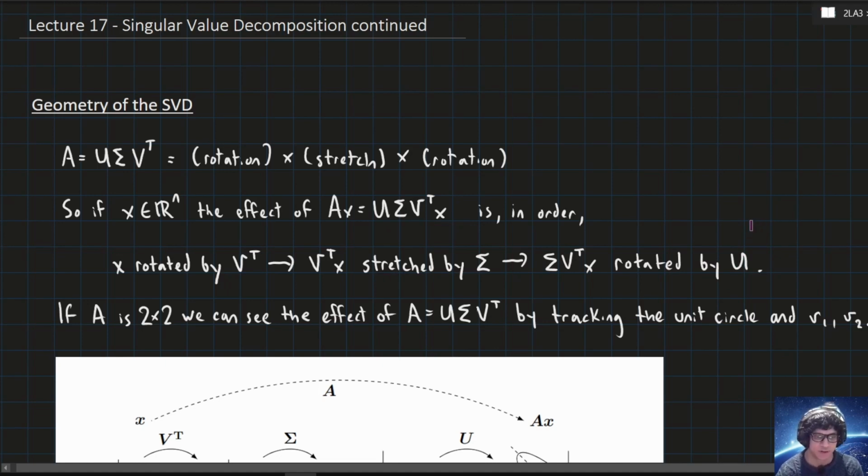We can visualize or draw this easily when A is a 2 by 2 matrix. So there are two singular values and two V's and two U's, left and right singular vectors. We can study the effect of A by tracking the unit circle and tracking V1 and V2.